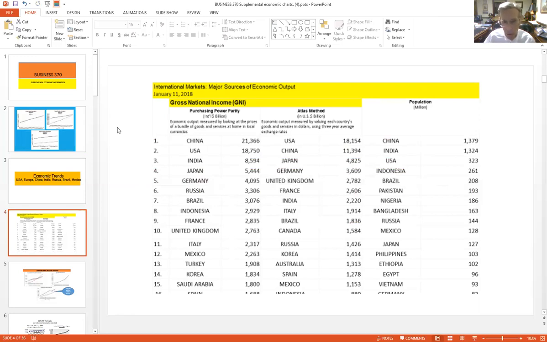So when I've been in China, for instance, I was interested to see that the US dollar, when I bought Chinese yuan, at that time I could buy about 6.5 yuan for $1.